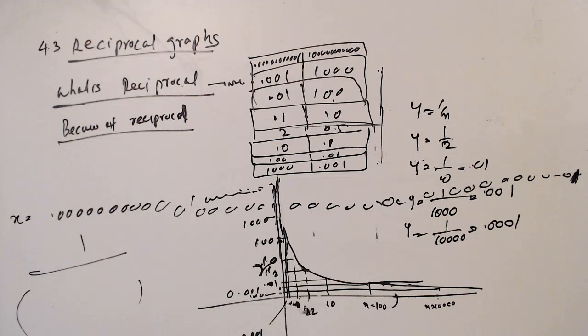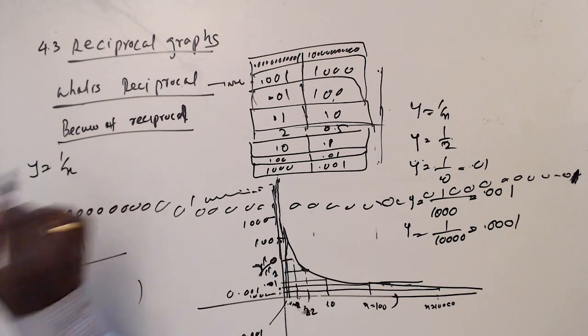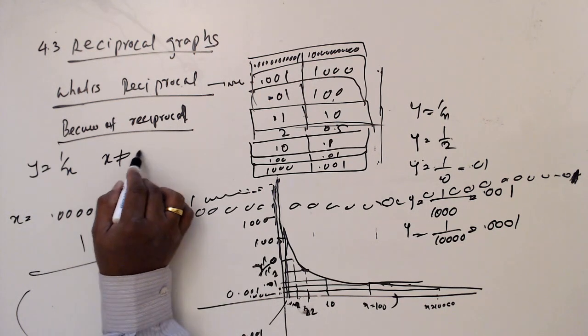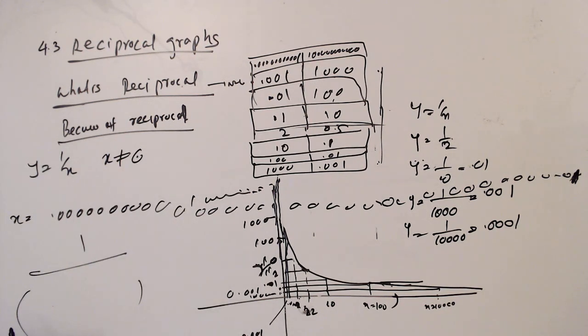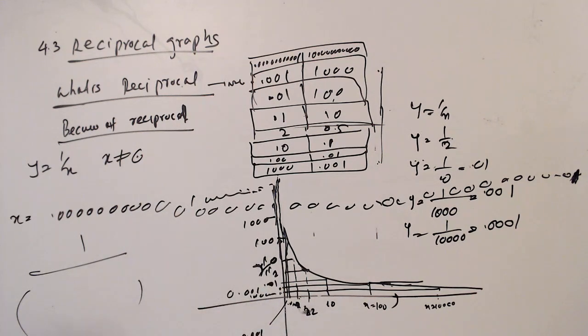But when we write a function like that, there is a restriction. y equals 1 over x, but they will say x is not equal to 0. Why is x not equal to 0? Because whatever values you put, you will never ever touch the x equals 0 line.